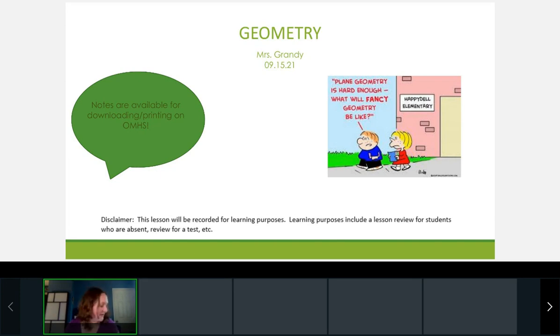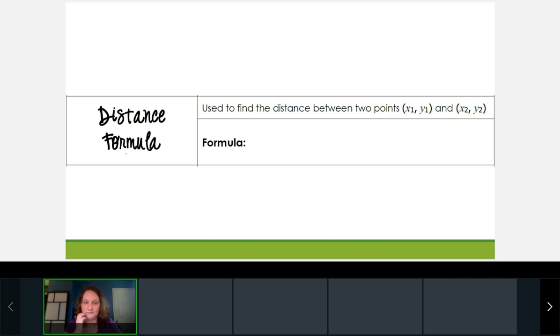Okay, so let's talk about the distance formula. I'm going to write the distance formula 2 different ways, and you can choose whichever way you want to use it. It doesn't matter which one, really. I like to use lowercase d for distance.